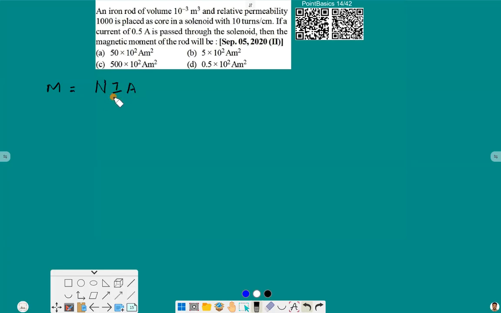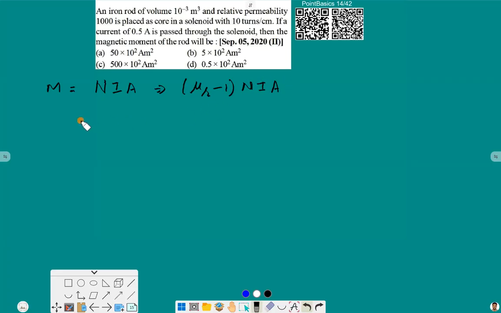This is for the normal condition when we don't have a relative permeability given. When a relative permeability is given, this formula is modified slightly: (mu r minus 1) into NIA. That will be the value of the magnetic moment.